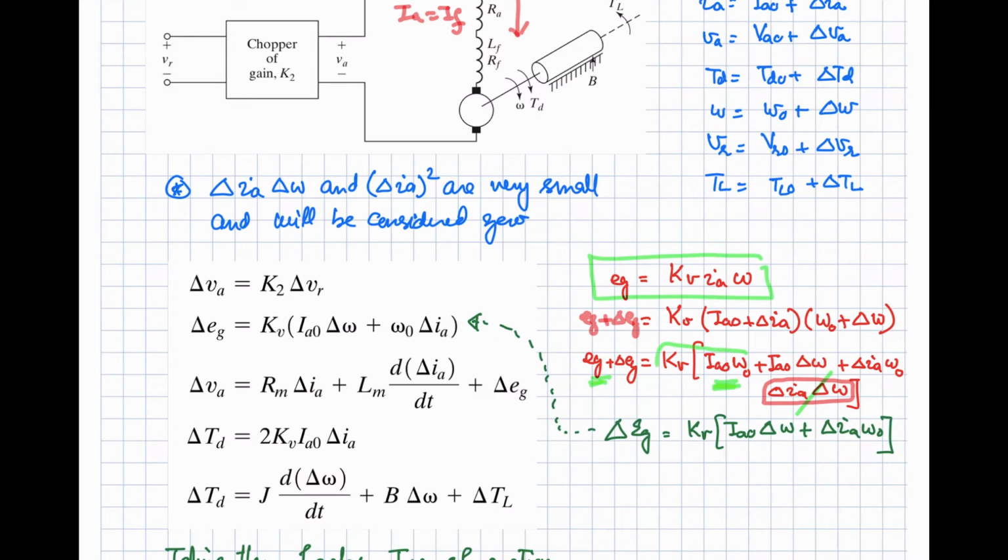So this is basically the average value at the operating point, and these are the changes. These are because of the change in the speed and the change in the current.